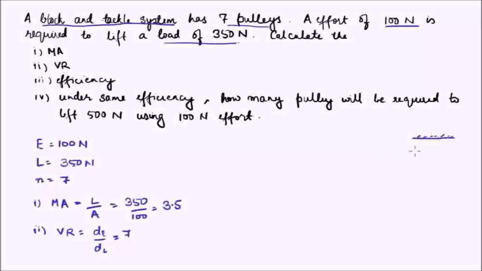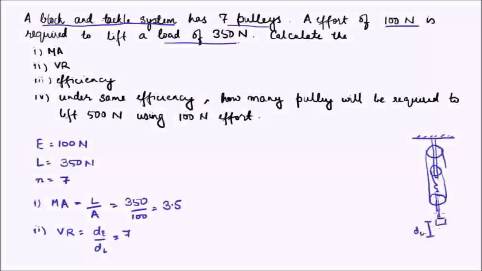In case you do not remember this idea, then how do we go about it? What we can do is think about a 3 pulley system and actually calculate the formula. A 3 pulley system will have 2 pulleys here and 1 pulley here. This will have the load here, and this will be the fixed thing.